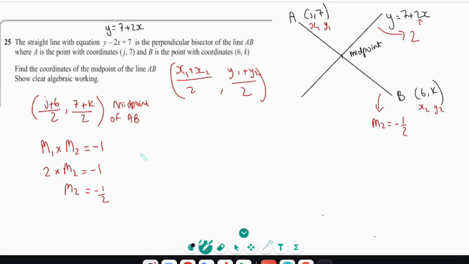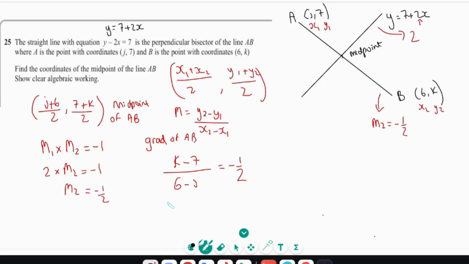We can come up with an equation for the gradient of AB. Gradient formula for m is difference in y over the difference in x. So we have k minus 7 over 6 minus j is equal to -1/2.